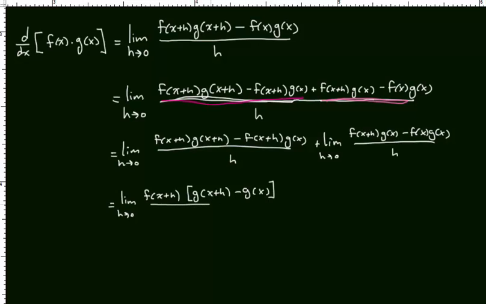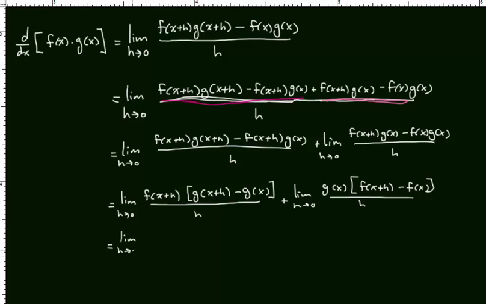You might start to see it, all over h. And over here, I have the limit as h goes to 0, factoring out a g of x, and I'm left with f of x plus h minus f of x. I feel clever. And so now the limit of a product is product of limits.